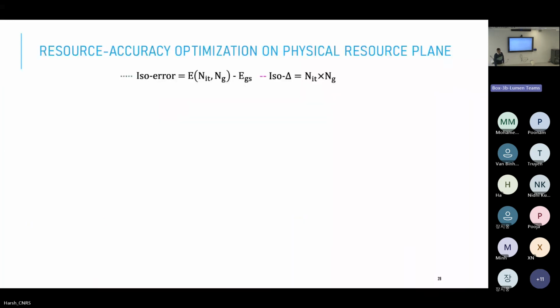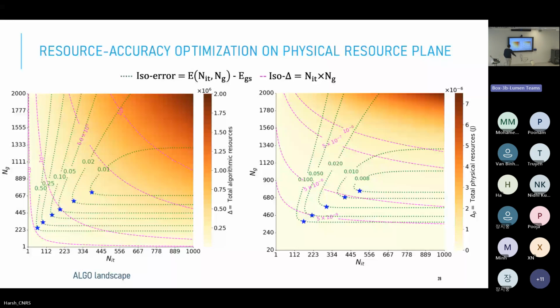So we can marry all three and get access to these kinds of landscapes, which allow us to optimize based on the hardware rather than hardware-agnostically.